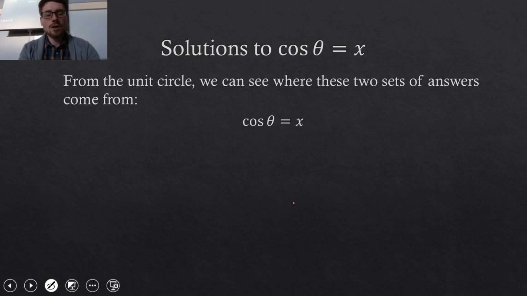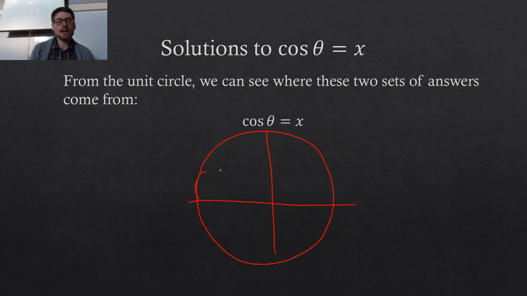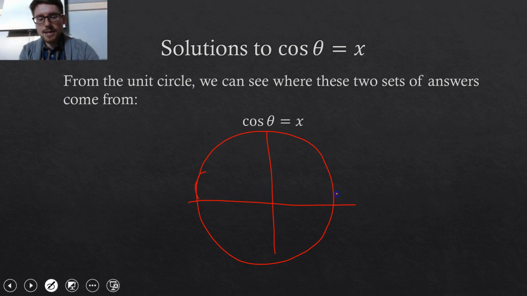All right, so I'm going to sketch the unit circle. And what we're trying to find are angles that satisfy cosine equals x, where x is some number. X is allowed to be any number from 1 to -1.